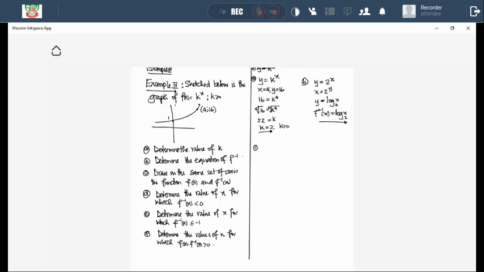Okay, let's look at C. My C says draw. So I'm supposed to draw two graphs there. One for f of x, the other one f inverse. For f of x, this is a basic exponential function which is generally increasing. So it passes through 0 and 1, and it starts from the asymptote like that.